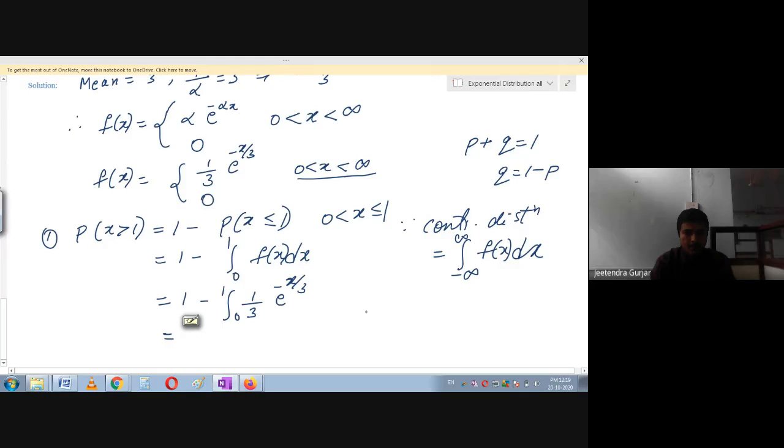Yes, Raj, what answer did you get? Who has got the answer? Please tell me. Just substitute here 1 minus integration 0 to 1, 1 upon 3 e raised to minus x upon 3. I think you are experts in calculators now.